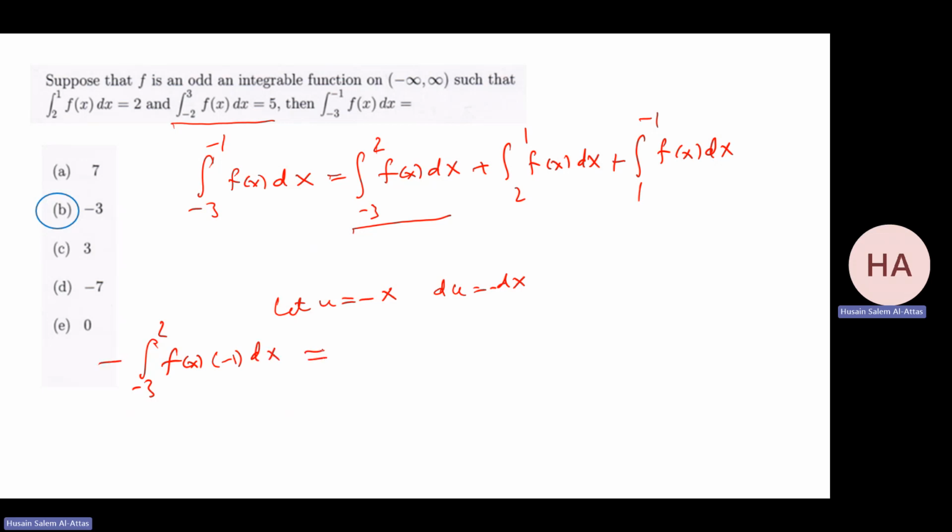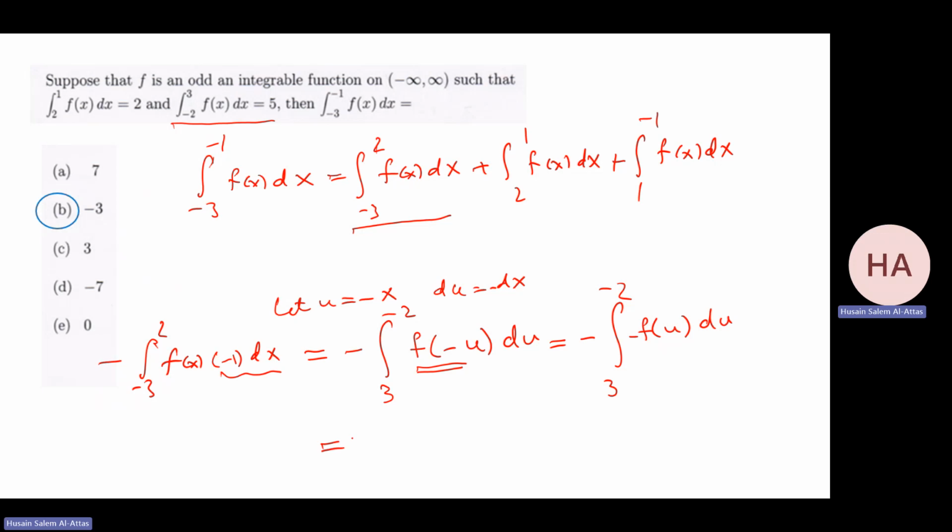Now I do the substitution. This will be my du. So I have minus the integral from 3 to minus 2 of f of minus u du. But I know in f of minus u, since the function is odd, it is minus f of u du.